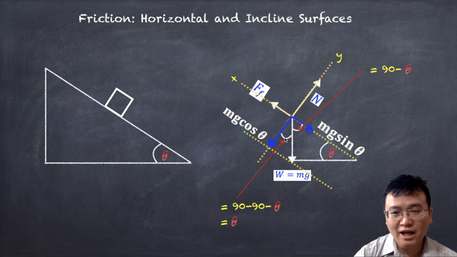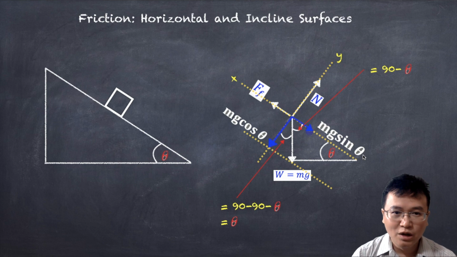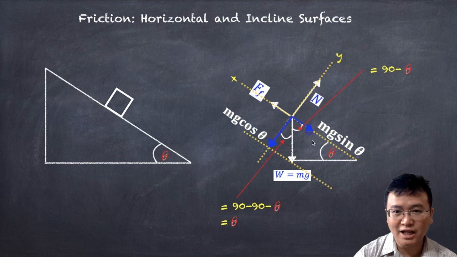So if this is theta, and the y line is the hypotenuse, represented by mg, then this component is mg cos theta, and this component is mg sine theta. Because this is the same as this blue line, you make this blue arrow mg sine theta. Hopefully that makes sense. If it doesn't, make sure you review the definition of sine and cosine, and it will make sense.